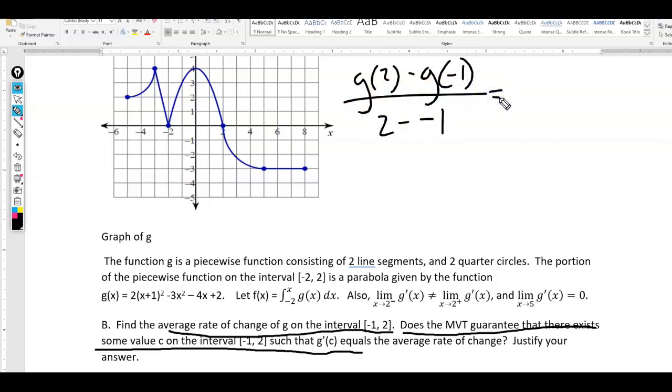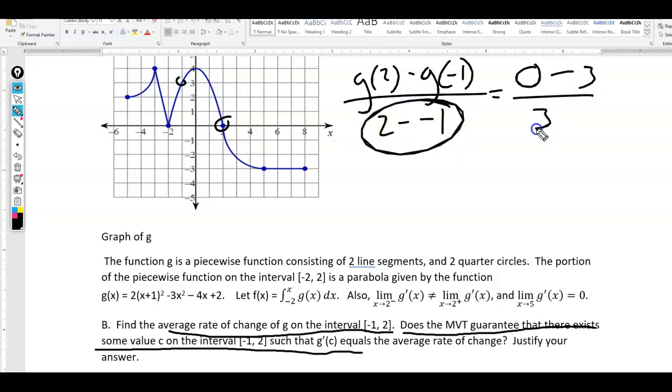All right, so g of 2, am I doing this right? 2 to -1, yeah. All right, so g of 2 is 0, minus g of -1 is 3, over, that makes 3, simplifies to -1. So there's your -1, that's your average rate of change.